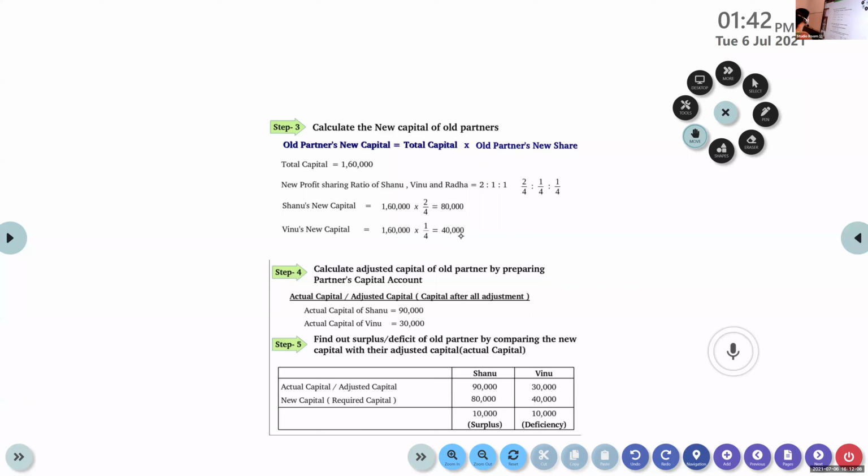Shanu's new capital is equal to 1,60,000 into 2 by 4, his new ratio. Vinu's new capital is 1,60,000 into 1 by 4. So now we got the new capitals of Shanu, Vinu, and also the new partner.